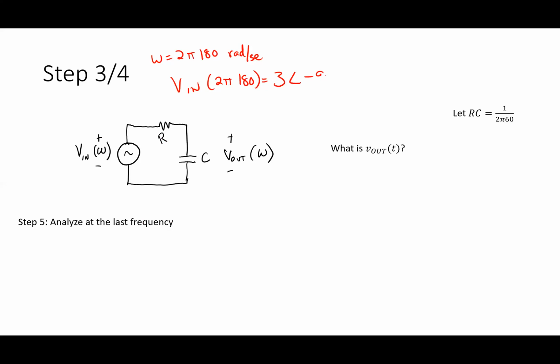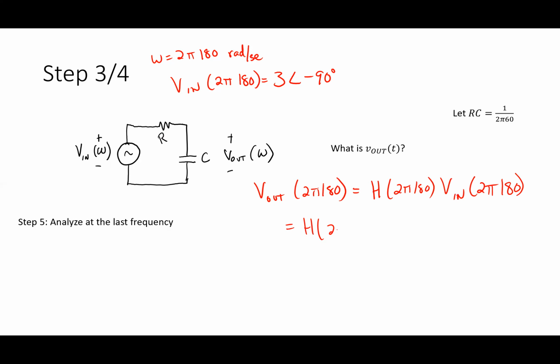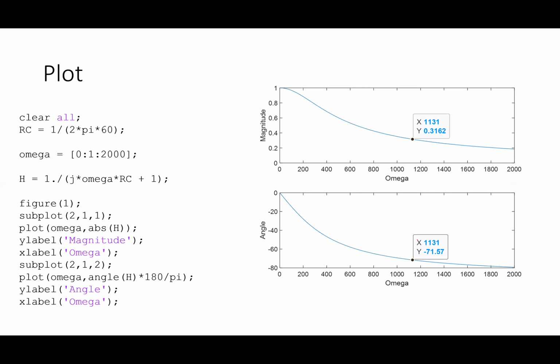And I know that V out at 2 pi 180, the Fourier transform, is equal to H at 2 pi 180 times V in at 2 pi 180, or H at 2 pi 180 times 3 angle -90 degrees. So we have to figure out the magnitude and the angle of H at that frequency, 2 pi 180. So again, I make another plot, right?